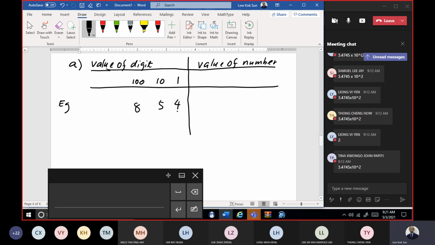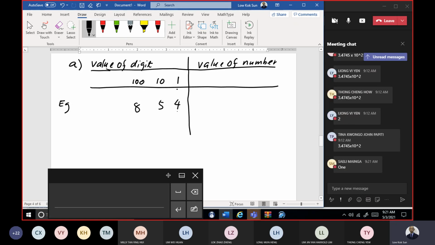This 4 has what value? This number 854, 4 has what value? 1, right? I have written it up here. 4 has a value of 1.